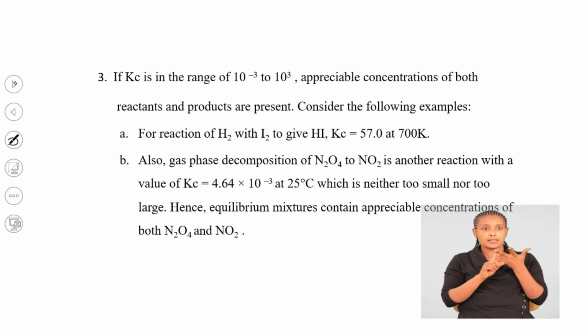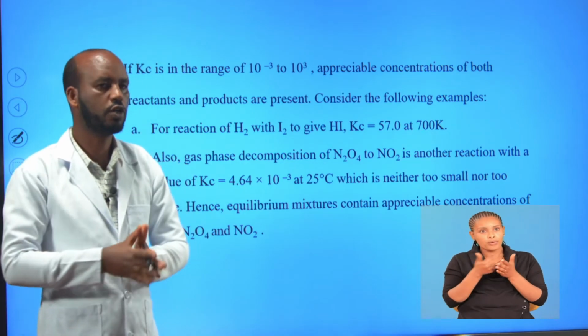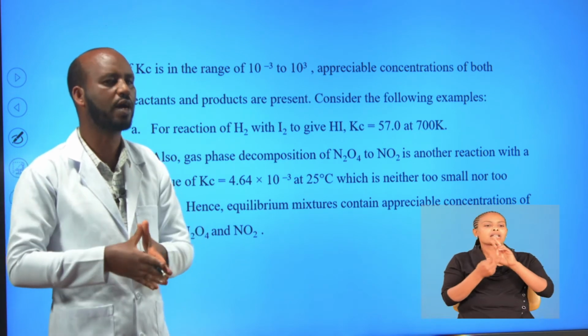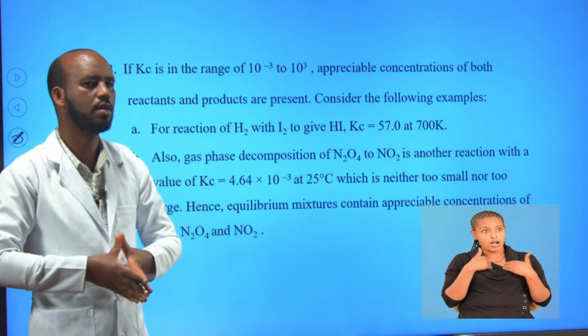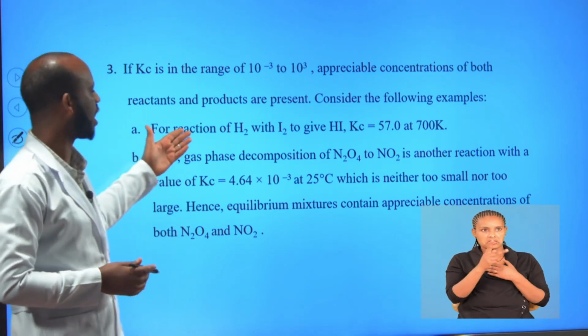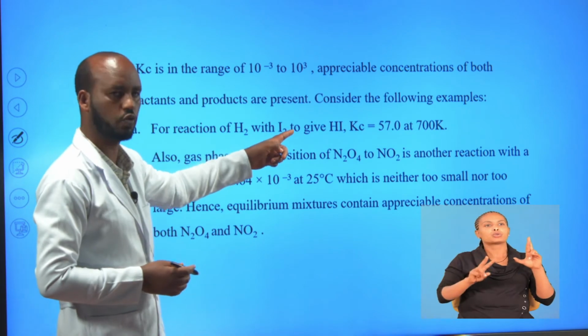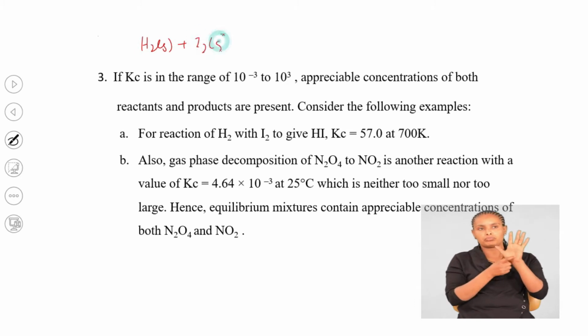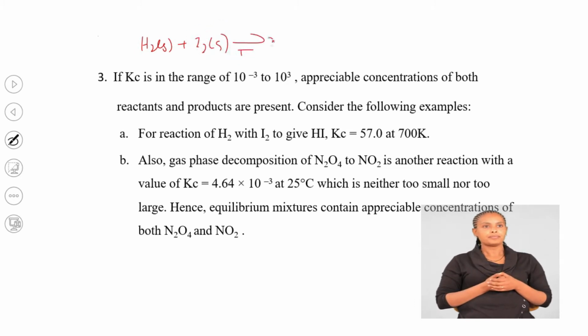3. If Kc is in the range of 10^-3 and 10^3, what does this show? There is appreciable concentration of both reactants and products in the equilibrium mixture. Look at the reaction of hydrogen with I2. H2 gas plus I2 gas to form 2HI gas.